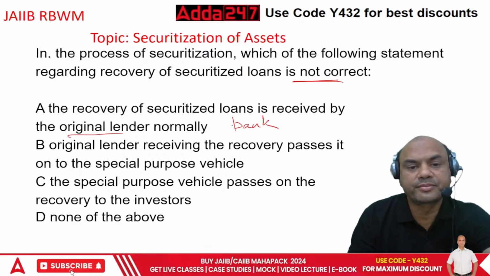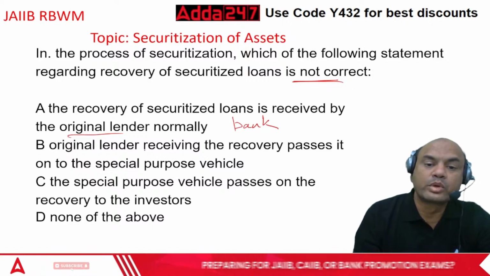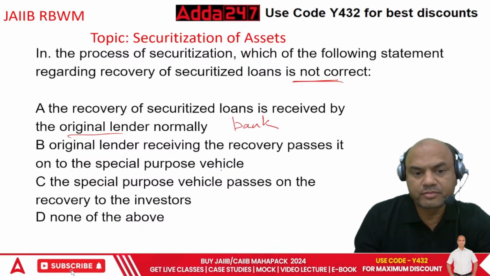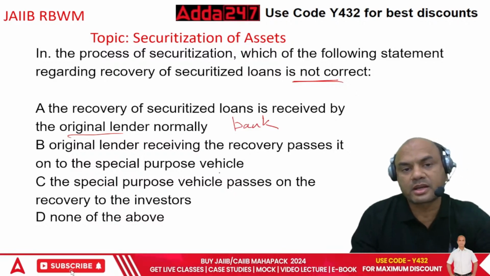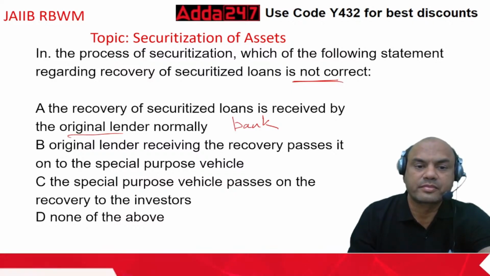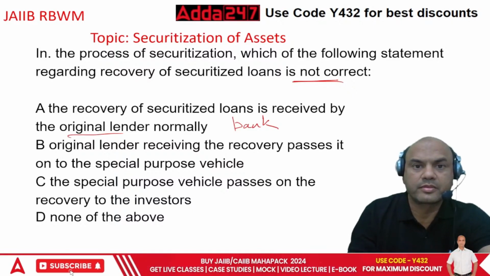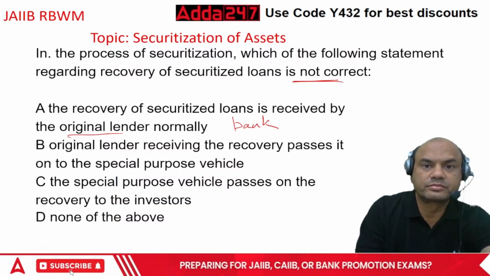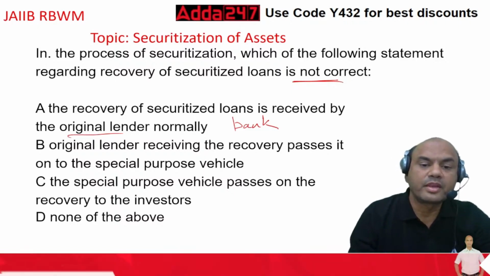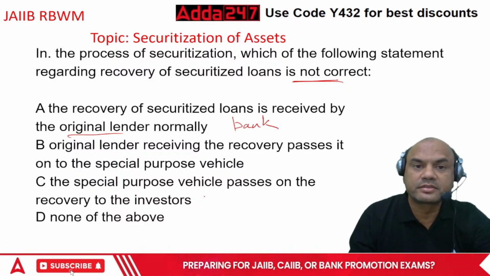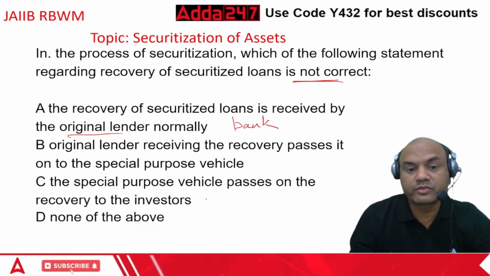Think, everyone think. Recovery, see here, not correct. Received by the original lender, bank. The original lender bank passes it on to the SPV. The SPV passes on the recovery to the investor, and none of the above. The answer is C: the SPV passes on the recovery to the investor. Will the SPV pass on the recovery?